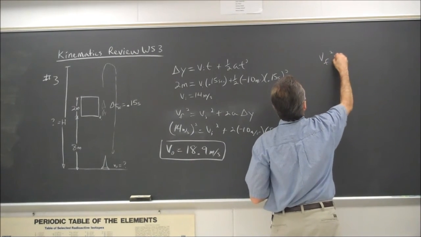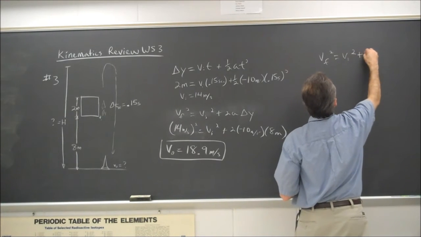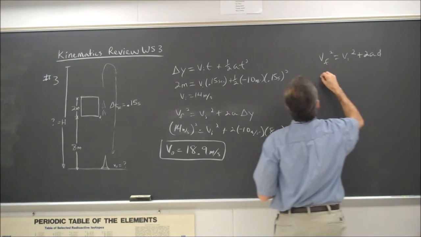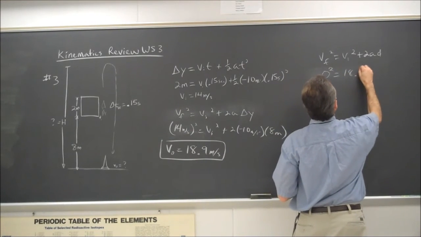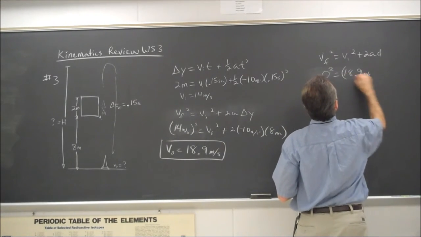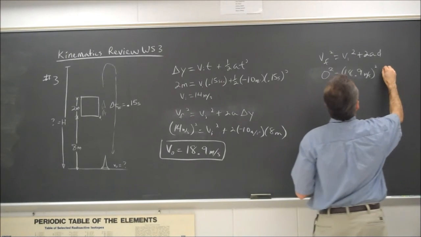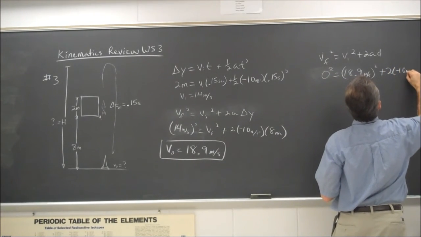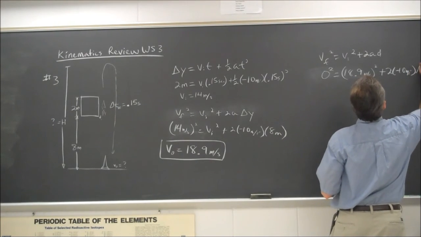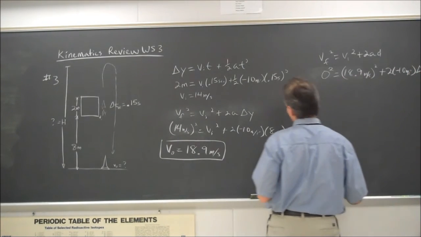VF squared equals VI squared plus 2AD. And the 0 squared equals 18.9 meters per second squared plus 2 times negative 10 meters per second squared times delta y.